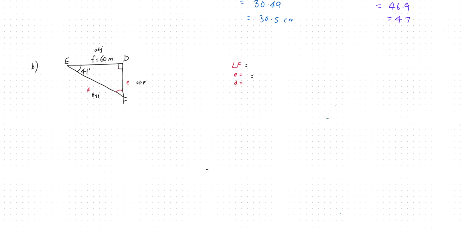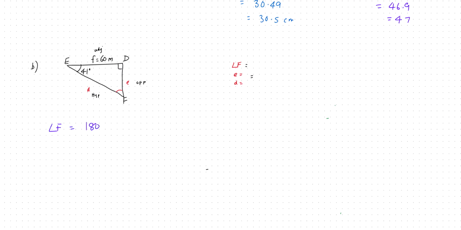In triangle DEF, one angle is known, and this is 90 degrees. Angle D we know is 90 degrees, angle E is 41. So we can find angle F. So angle F equals 180 minus, because the sum of the three angles should be 180.